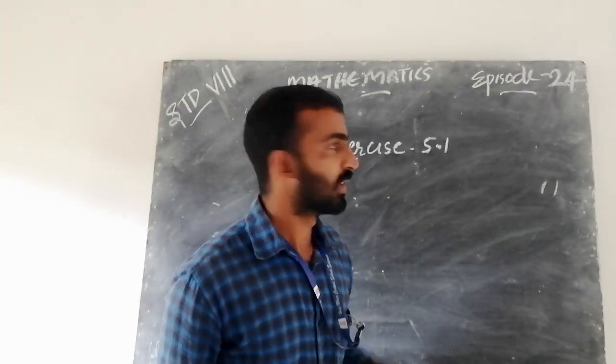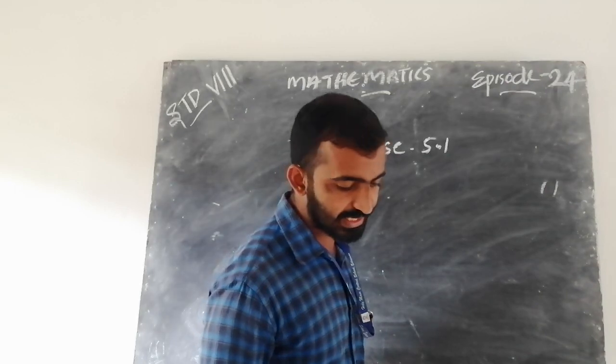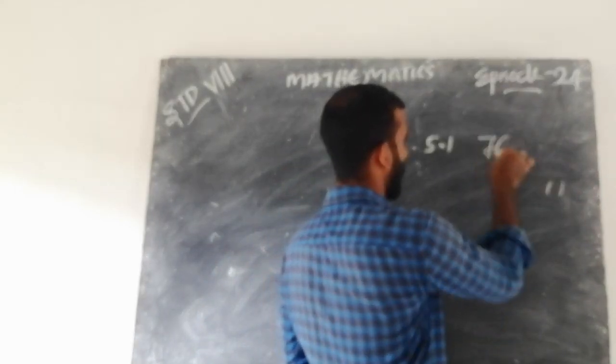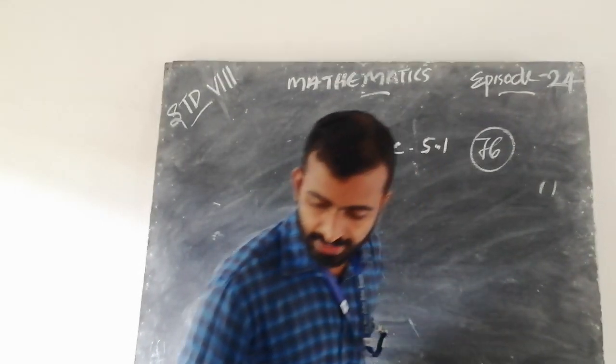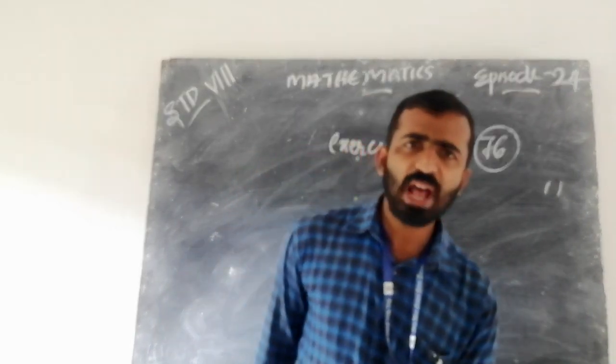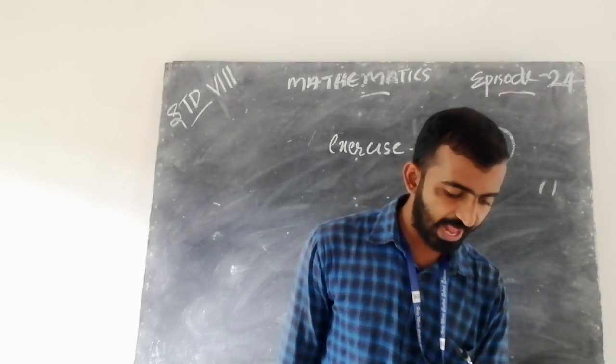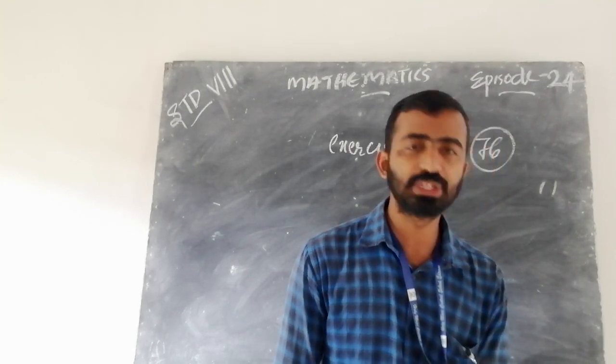The page number is 76. The first question is: for which of these would you use a histogram to show the data?